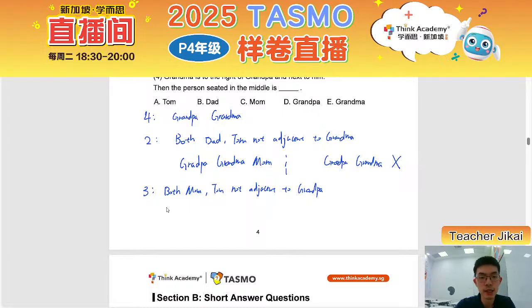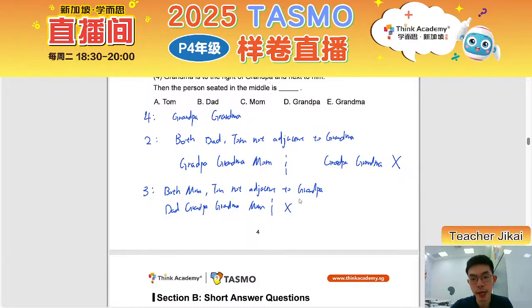First case, Dad, Grandpa, Grandma, and Mom. Right. Second case, the Grandpa is at the leftmost, right? So nothing beside Grandpa, except for Grandma. Nothing here.